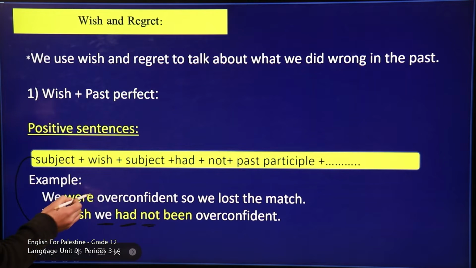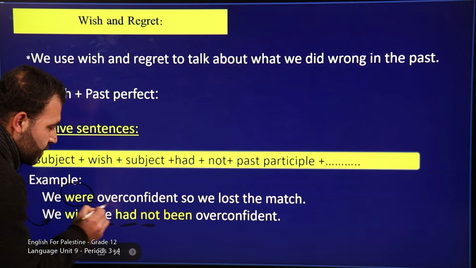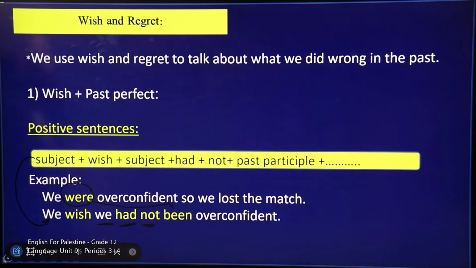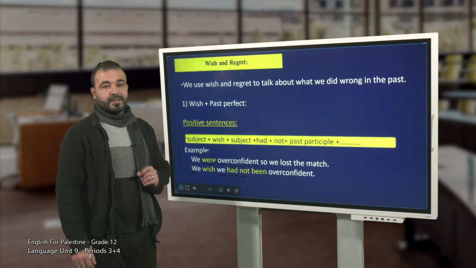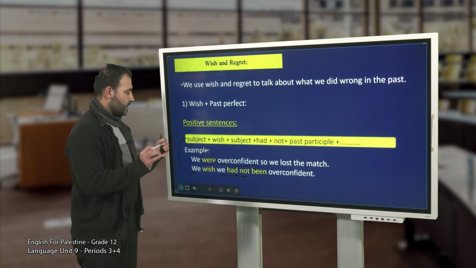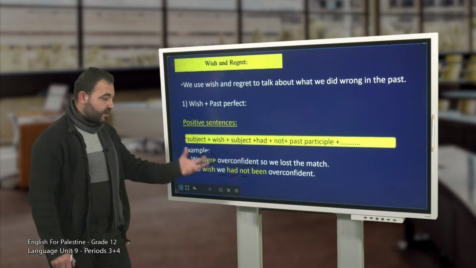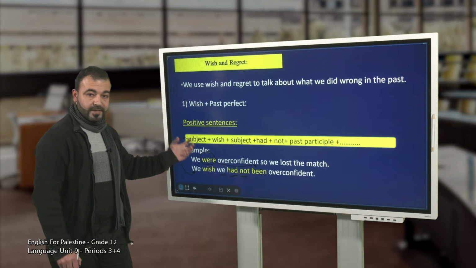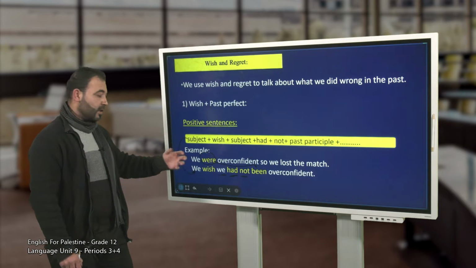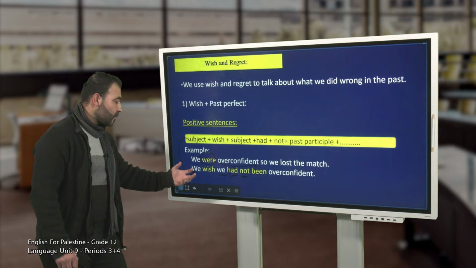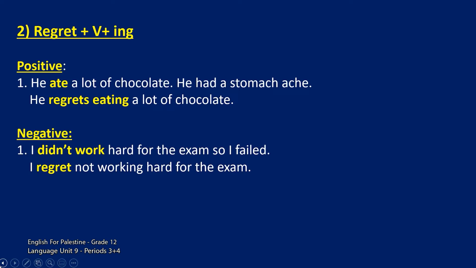The verb here is were, and it turns to been. We wish we hadn't, or had not, been overconfident. Note that when we have a positive statement, we turn it using wish into a negative.